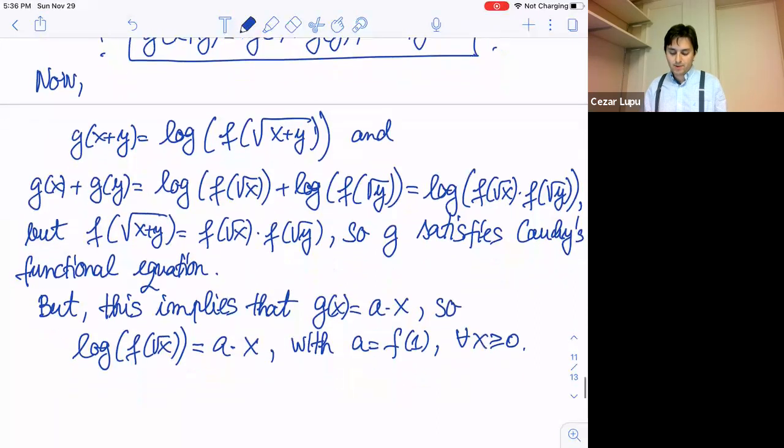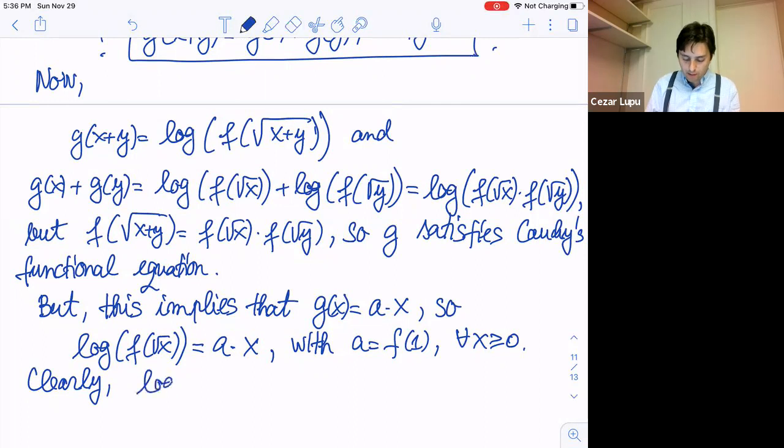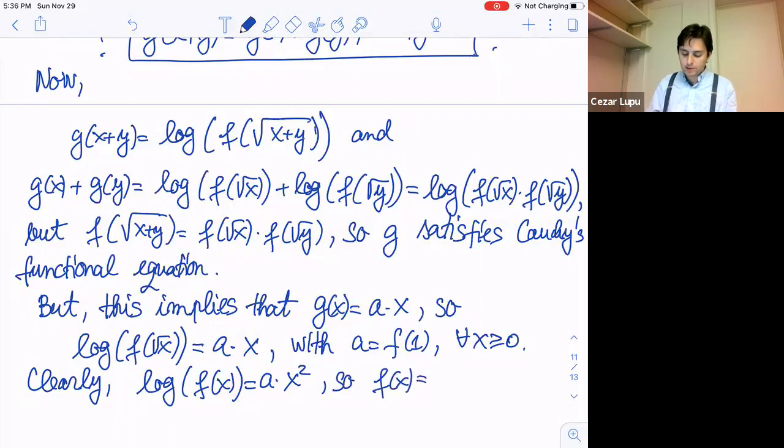This implies that log of f of x is a x squared, so f of x will be nothing else than just f of 1 to the power x squared, where a is f of 1.